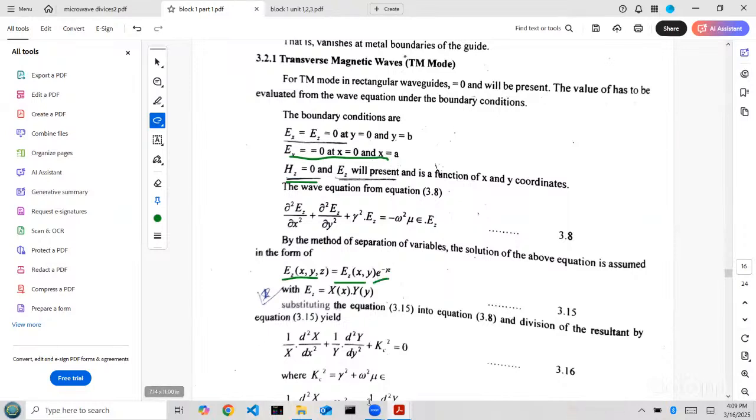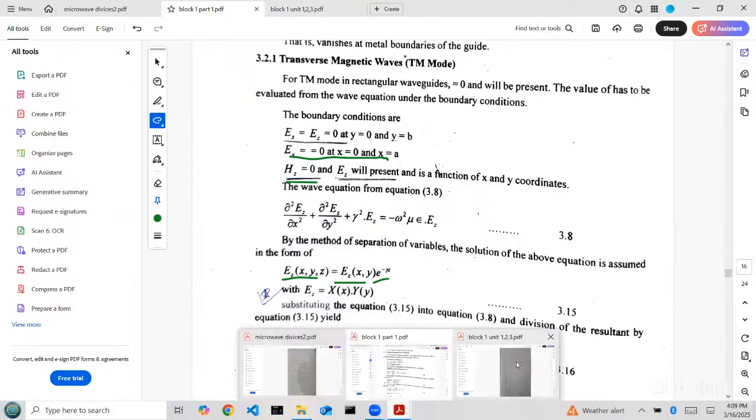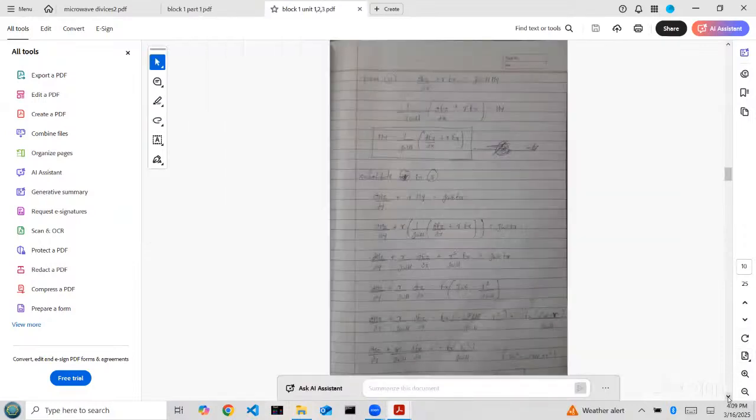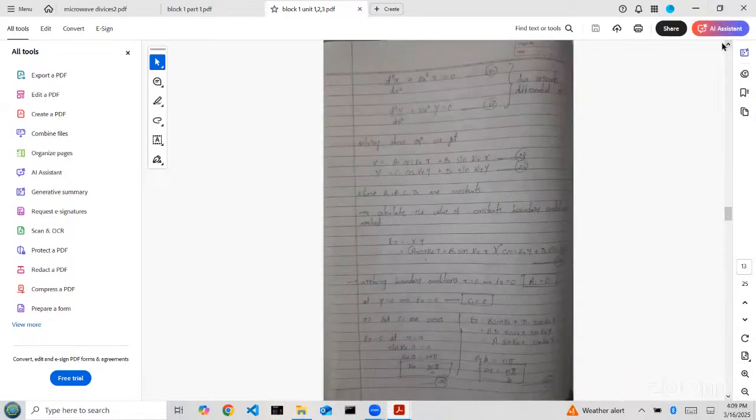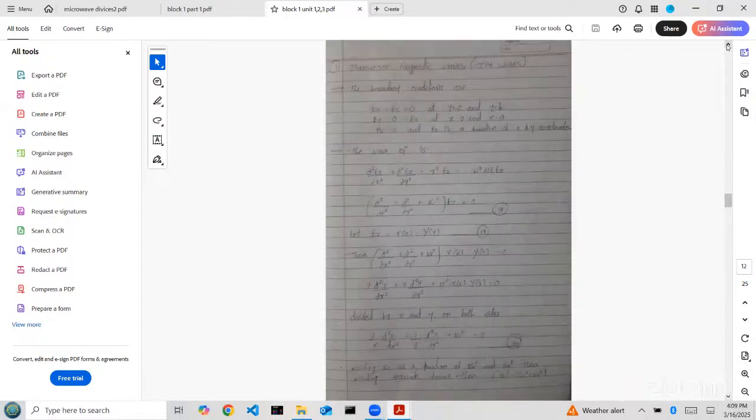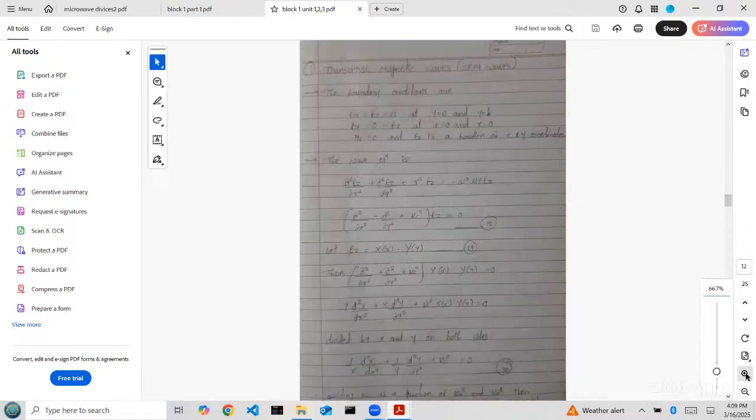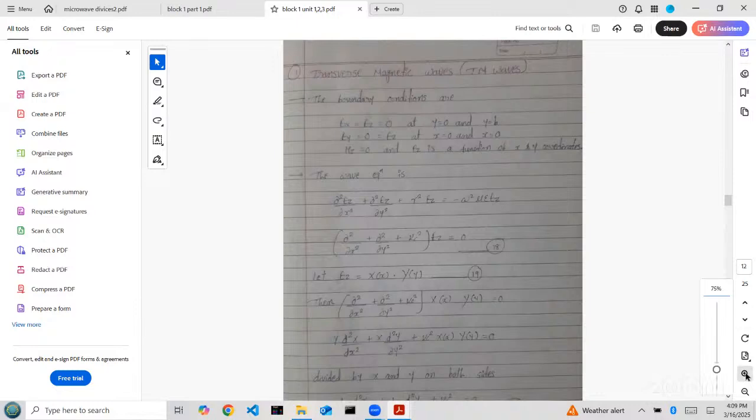Okay, the separation method, I will show here in the notes, written a little bit simpler. See here how we wrote it. We have the general equation: ∂²/∂x² of Ez, ∂²/∂y² of Ez, plus gamma square Ez equal to minus omega square mu epsilon Ez. Making Ez common, we got the kc square term, which we saw previously.